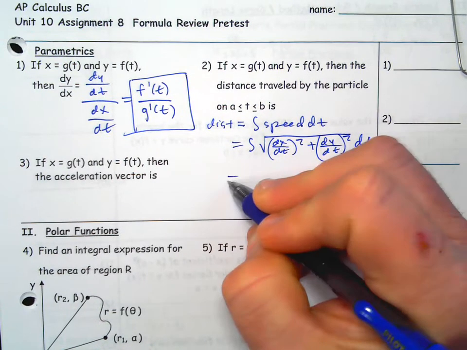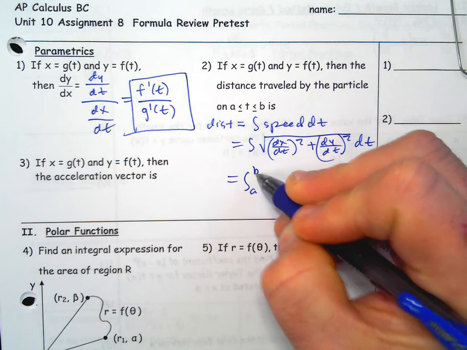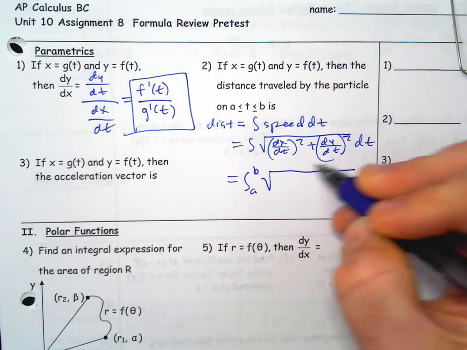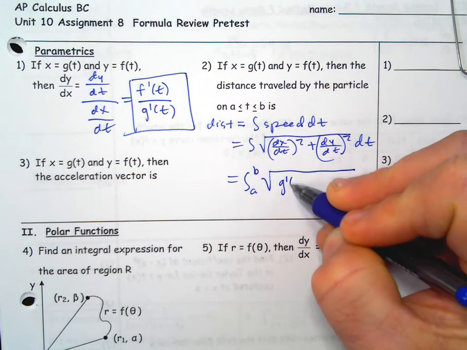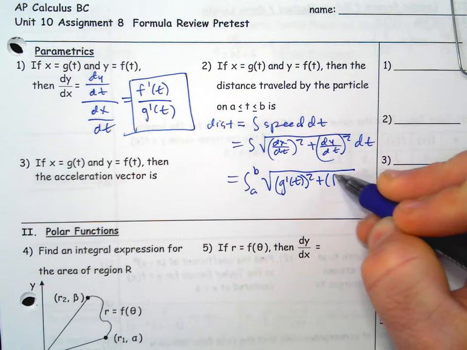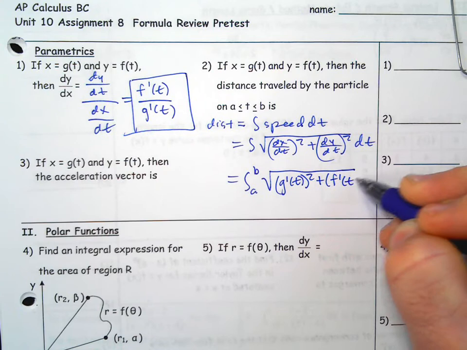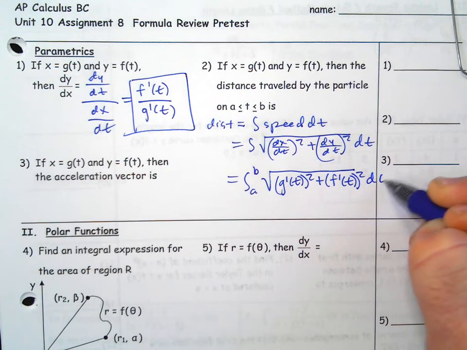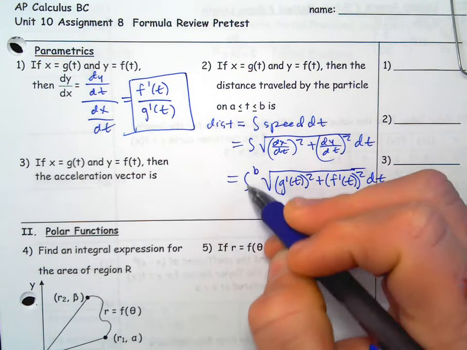So for us, we're going to go from A to B, square root of g prime of t squared plus f prime of t squared dt. So that's what we're going for there.